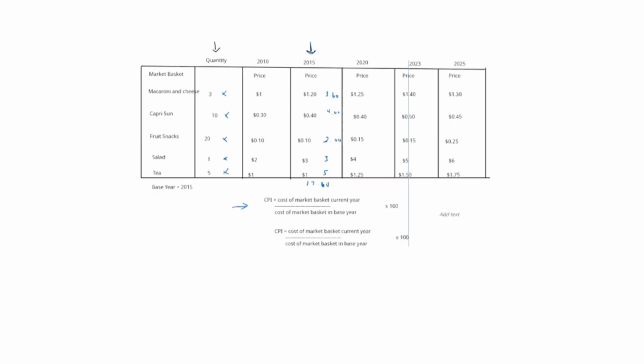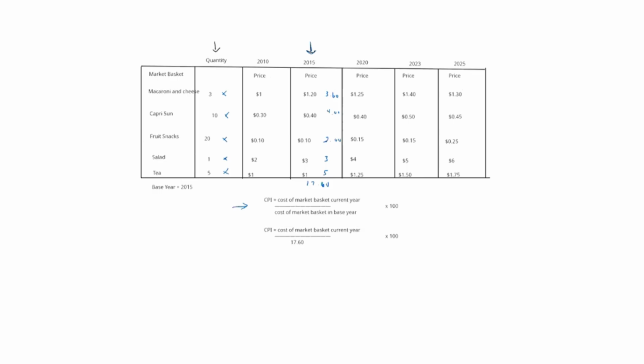So that means the denominator for every single year is going to be 1760. So every single other year is going to be 1760. Now we know 2015's is 1760 because we just calculated it.